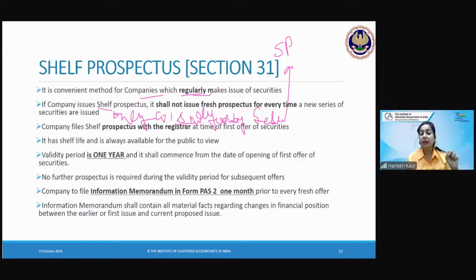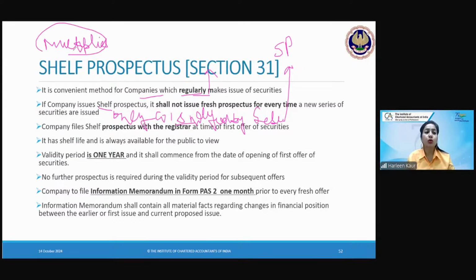So it is a convenient method. Regularly means, again also write down in your notes, please children, where the company wants to raise money from the public multiple times. All these small notes, all these abbreviations help you to remember and learn.